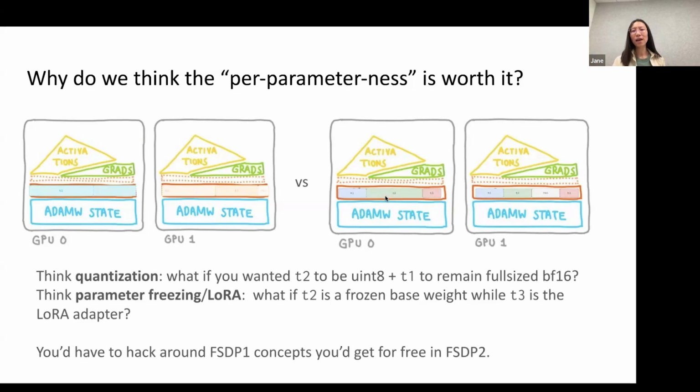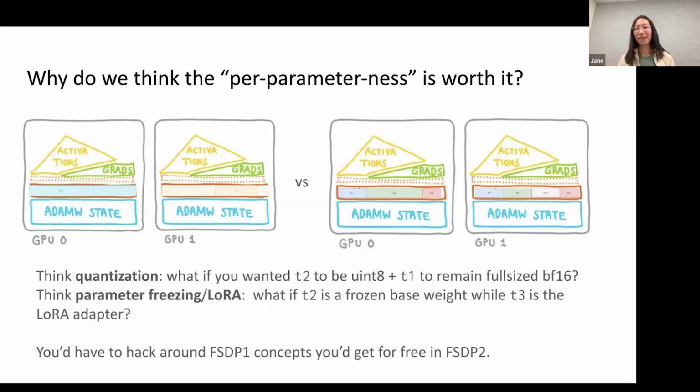FSDP will do that. Another thing that is very popular nowadays is LoRA: you don't really want to train the big stuff because that will require big grads, big optimizer step. So what if T2 is frozen? You don't want it to actually train. And T3 is the LoRA adapter that you do want to train.